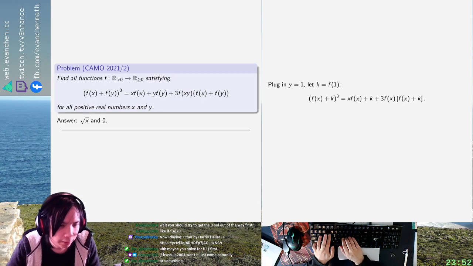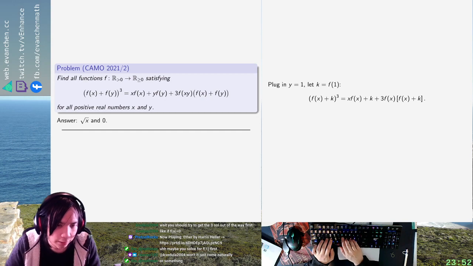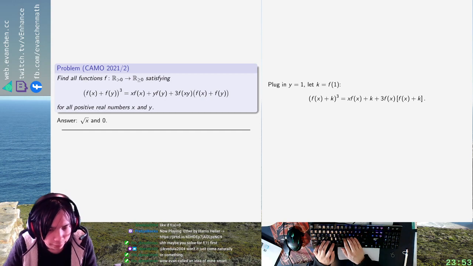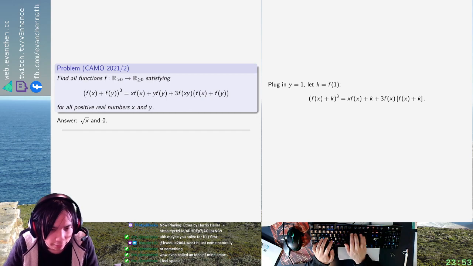So plug in x equals y equals 1 to get, well, it's the same equation, except now it's 2k cubed equals 2k plus 3k times 2k, which is 6k.